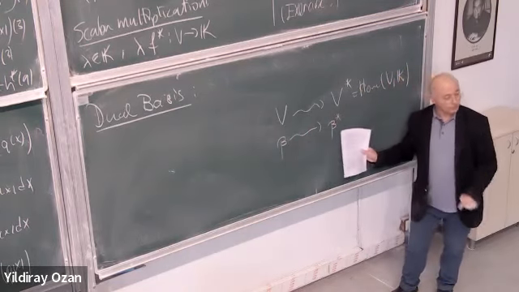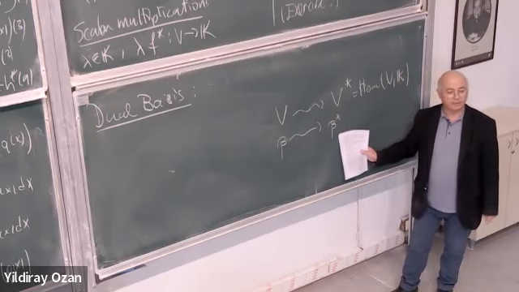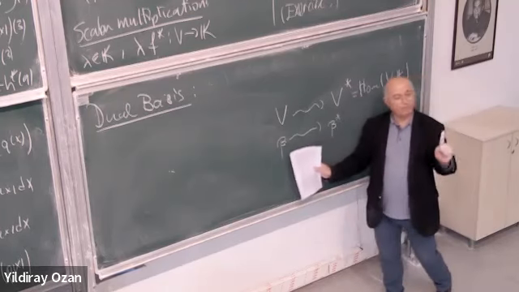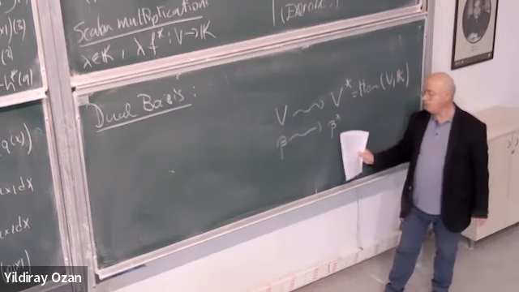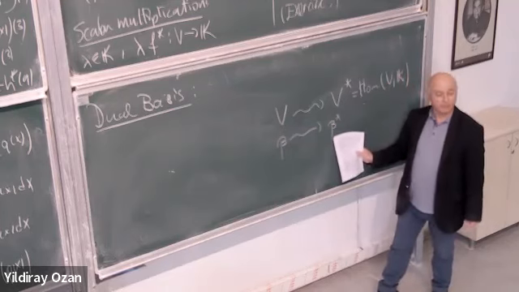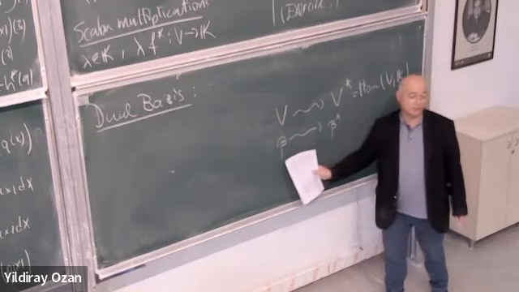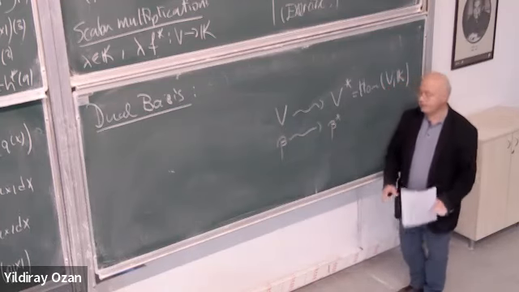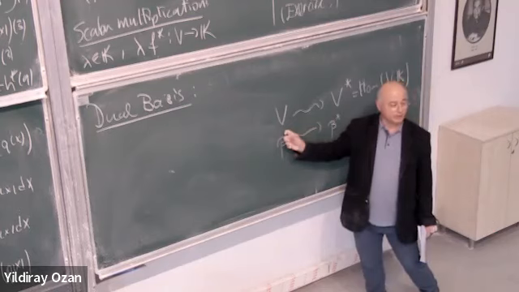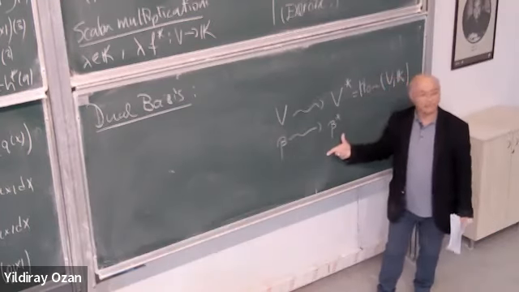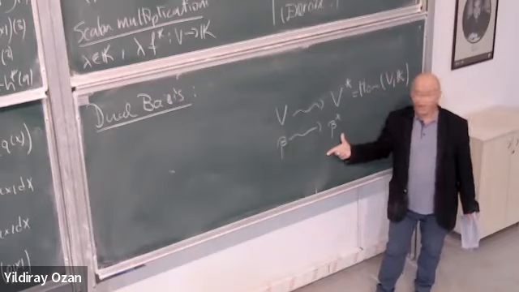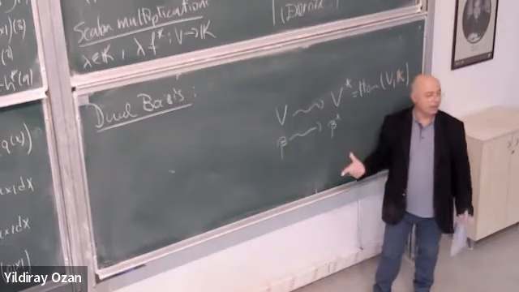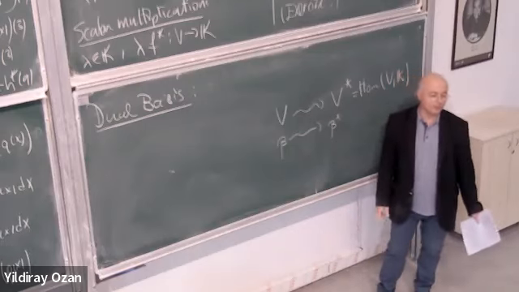Of course, this vector space has many bases, but if you give me one for V, then I can obtain a canonical basis for V star using this one. If you give me another basis, then I'll find another basis. And we will see that if V is finite dimensional, then these bases have the same number of elements. Therefore, these are both of the same dimension. Therefore, they are actually isomorphic vector spaces.